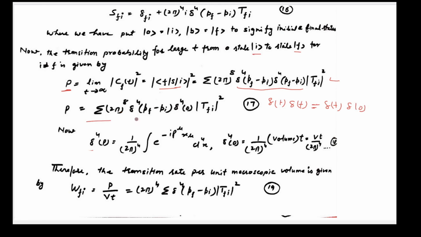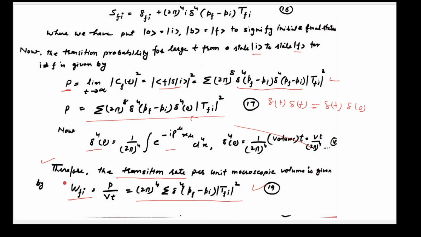So we get this equation. We know delta 4p is equal to this, and delta 40 is equal to this. Now substituting it here, we will get this. The transition rate is equal to the transition probability divided by volume and time. So this transition rate per unit volume will be equal to this.